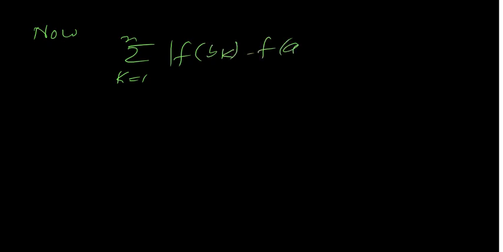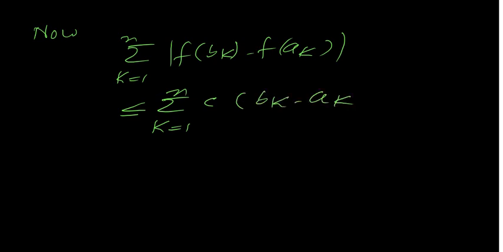Now let's try to find this sum, summation k runs from 1 to n of mod of f of bk minus f of ak. This sum is less or equal to, because this is a Lipschitz function, mod of f of bk minus f of ak is less or equal to C times mod of bk minus ak.